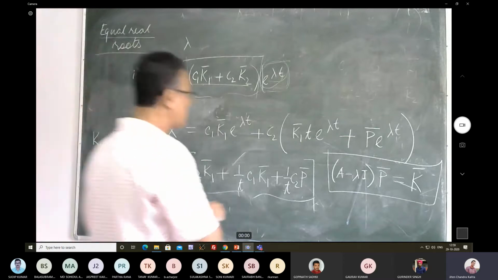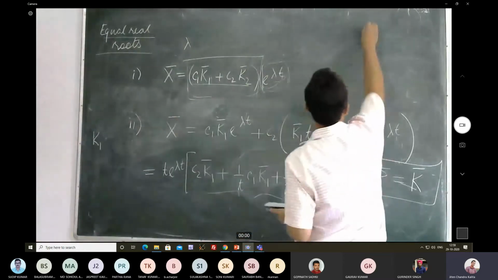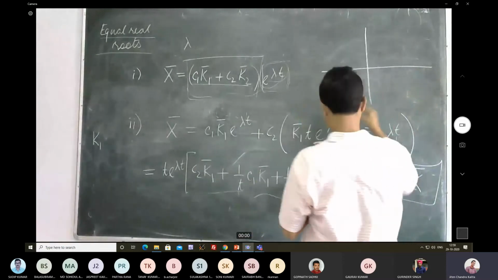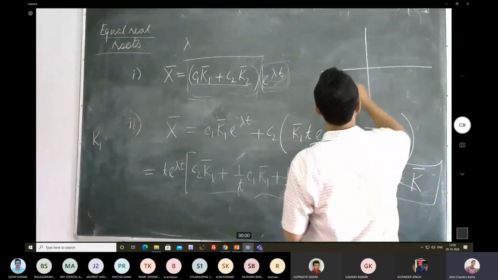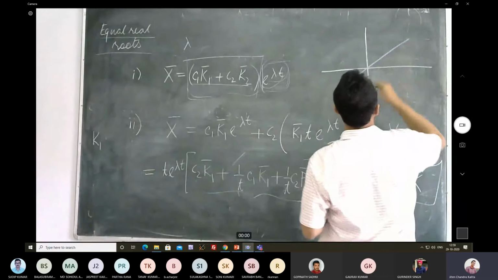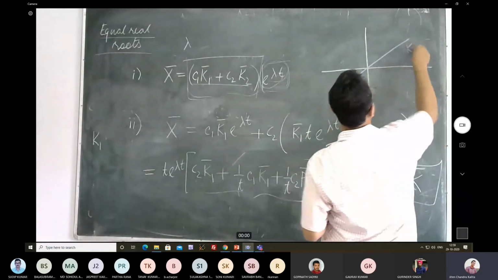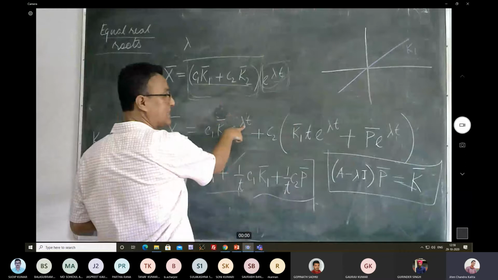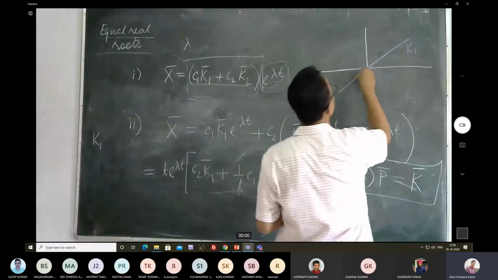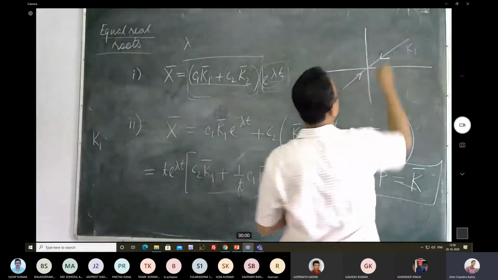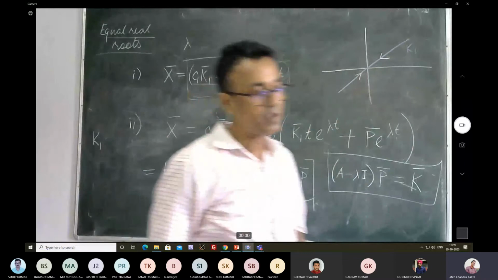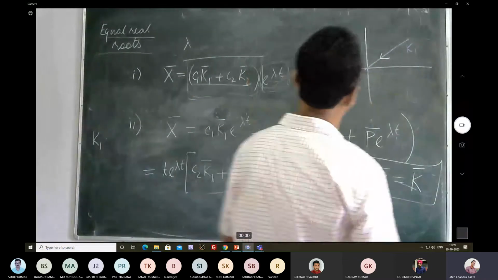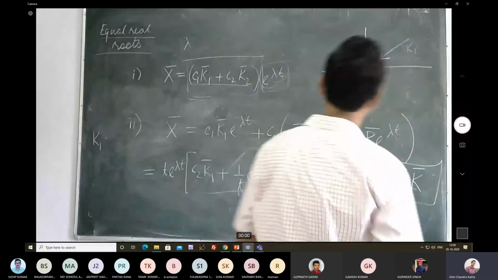So because of that, suppose this is K1. Then if lambda is negative, I know that the trajectories are going to be something like that.